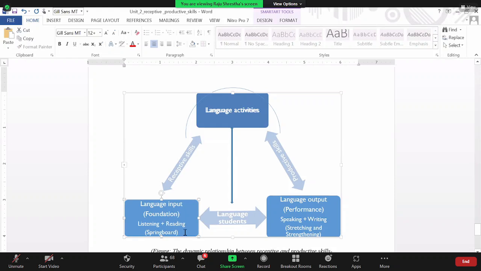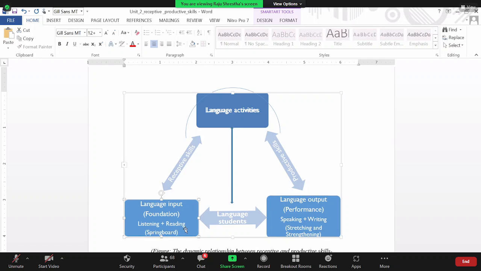Listening and reading. So listening and reading serve the function of the foundation level of language learning. When we listen and read, we receive language input. When we listen, we understand something, or we receive information, knowledge, ideas, and that is what we technically call language input.